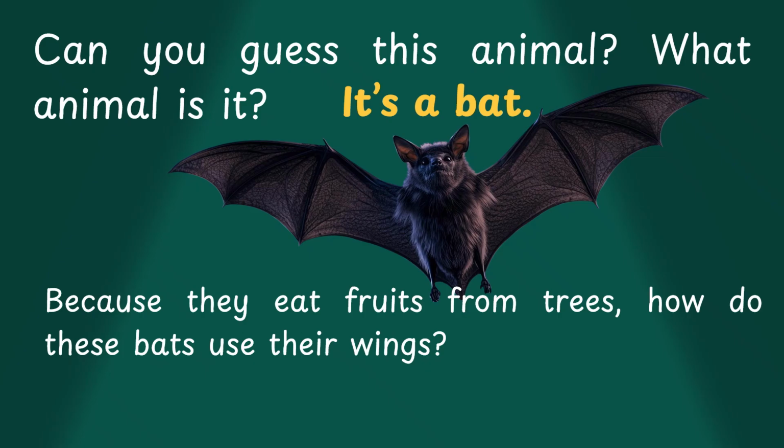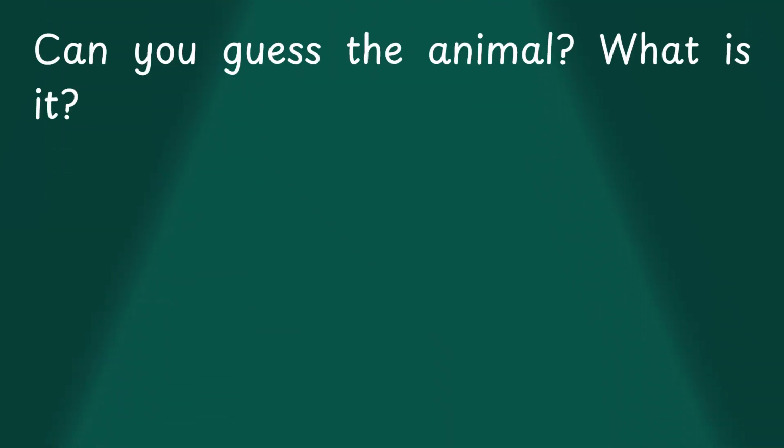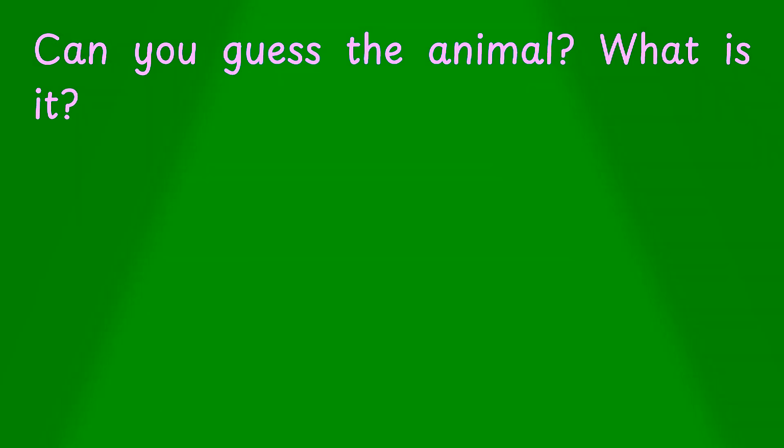Because they eat food from trees, how do these bats use their wings? They can fly and reach the foods hanging on the trees. Can you guess the animal? What is it?